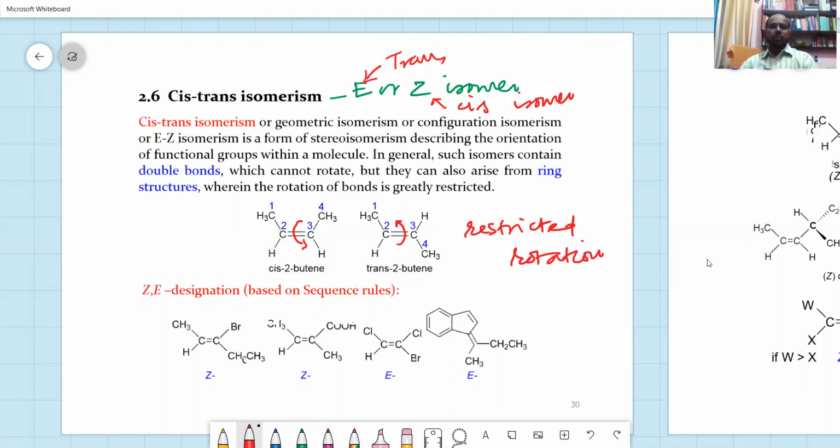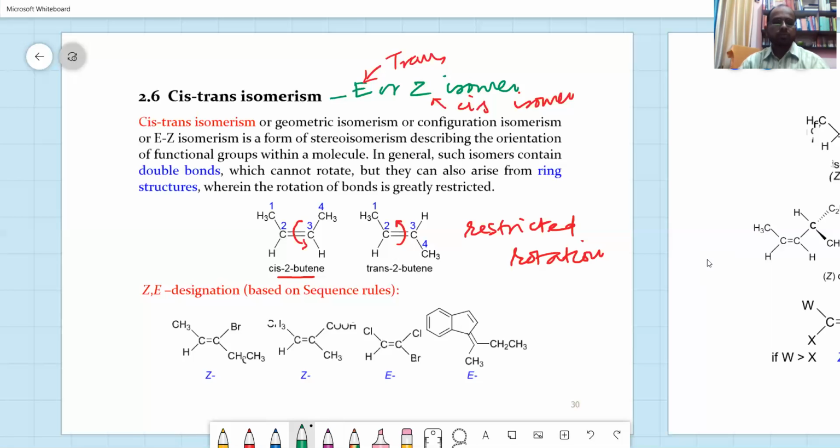So this gives rise to fixing of the groups across the bonds. Here you can see that the double bond is across second and third carbon atom. First and fourth carbon atom are singly bonded, and the name that is given is cis-2-butene. And rotation around second and third double bonds is restricted by this.